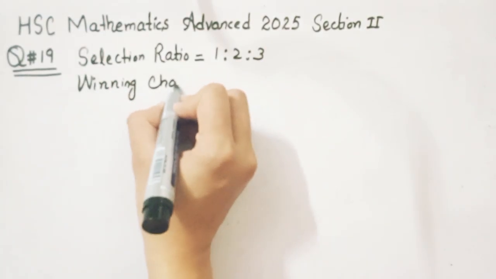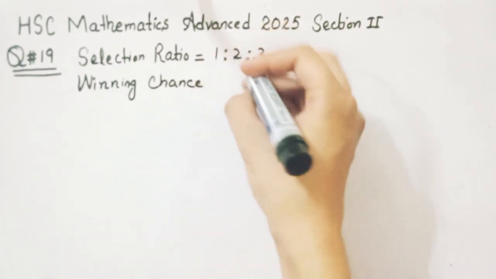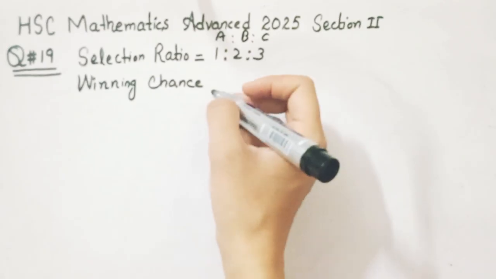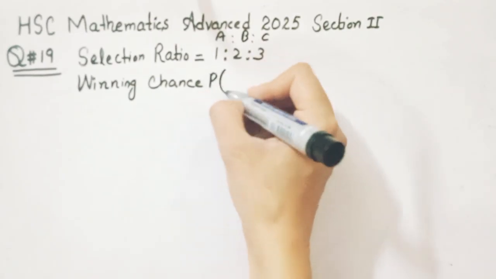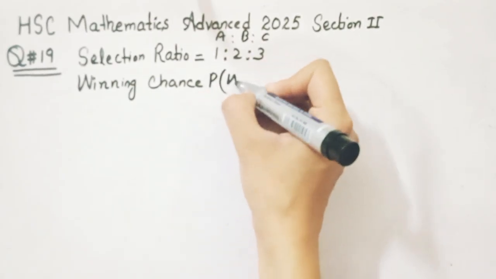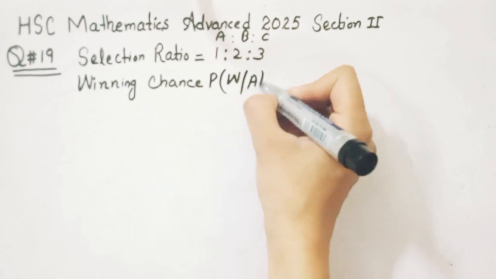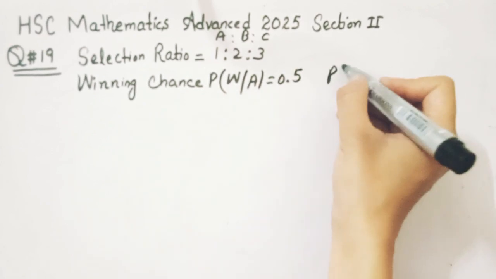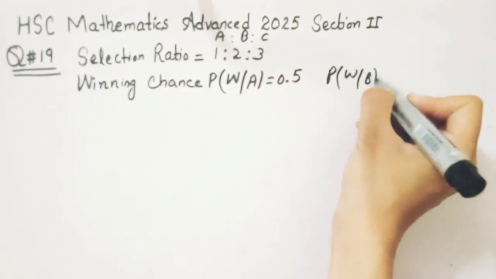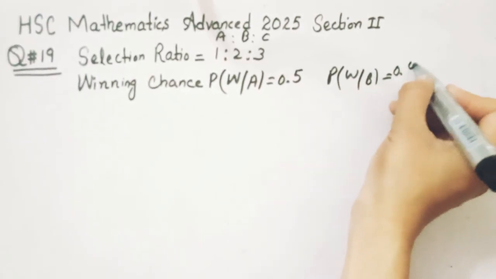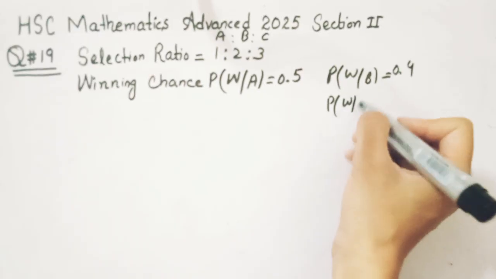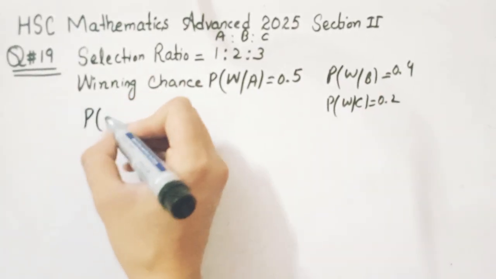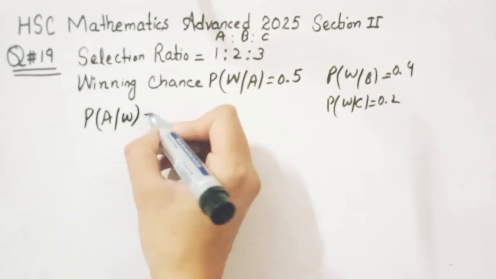This represents A, this represents B and this represents C. So the probability of winning for A is 0.5, probability of B is 0.4 and probability of C is 0.2. Now you have to find the probability of A given W.